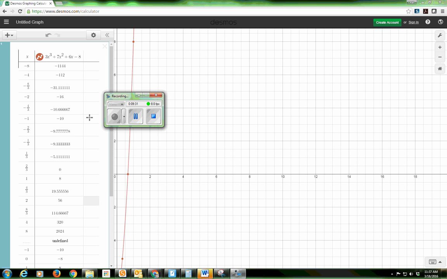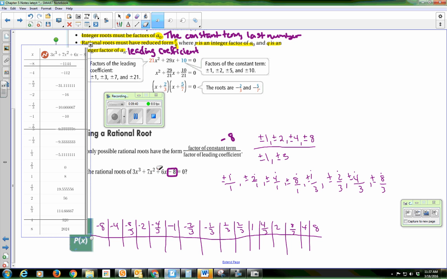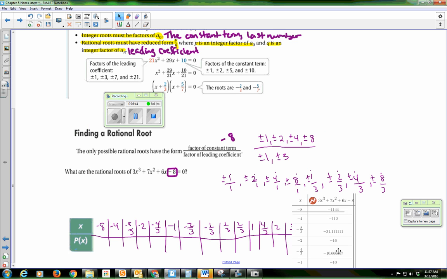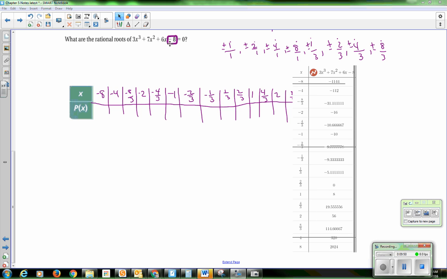Make sure you include the table. That's why Desmos is lovely. Take that snip, and then we have that evidence. That 2/3 is the rational root. So because 2/3 is the 0, that makes this one the root.